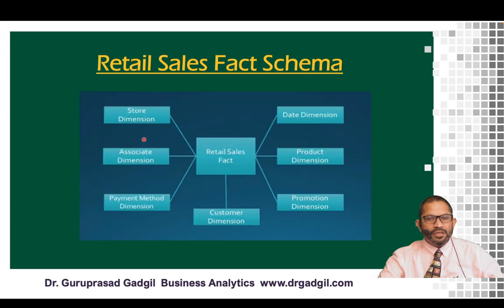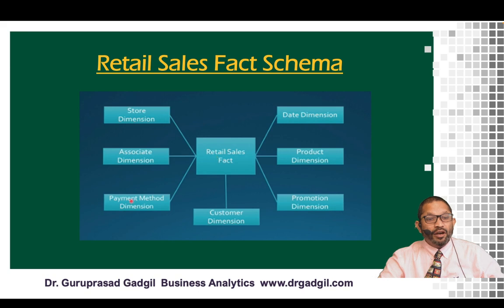So here's our completed star schema for retail sales. We see we have retail sales, which will give me information about the dollar value. And then there will be a foreign key from the primary key of the store dimension, which will become a foreign key in the fact table. The primary key of the associate table, probably associate ID, will be a foreign key in the retail sales fact table.